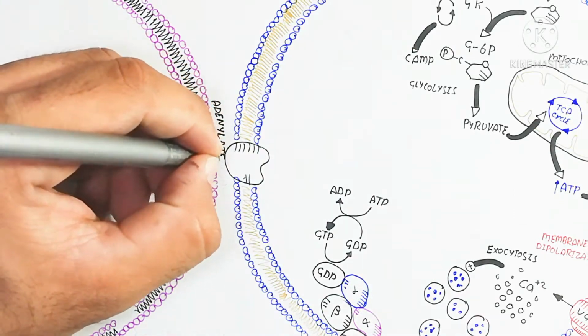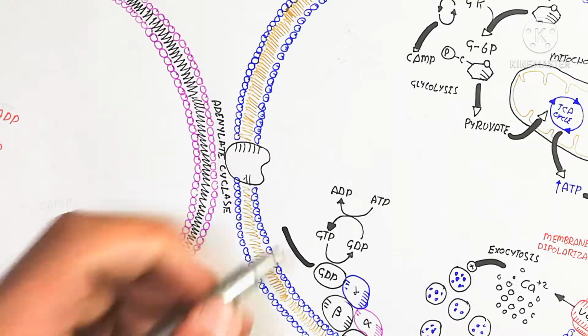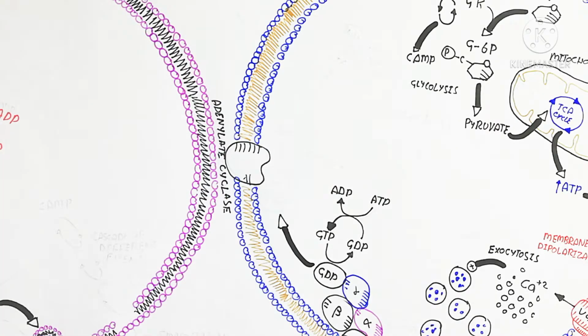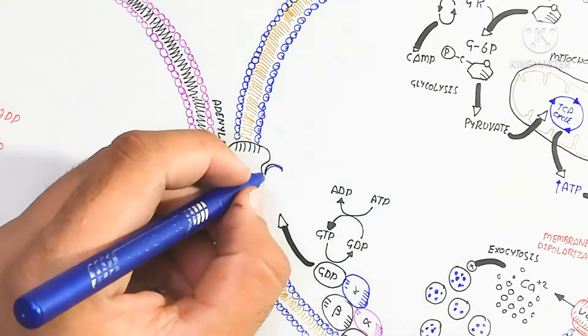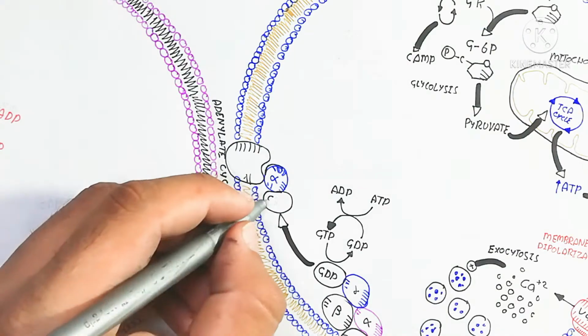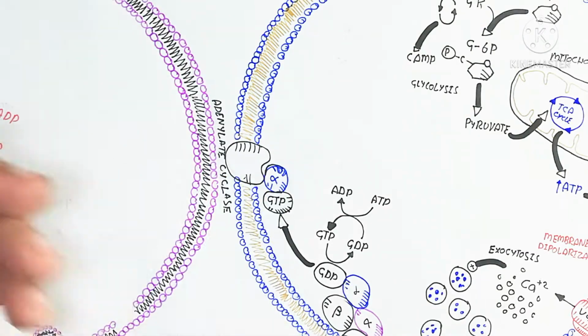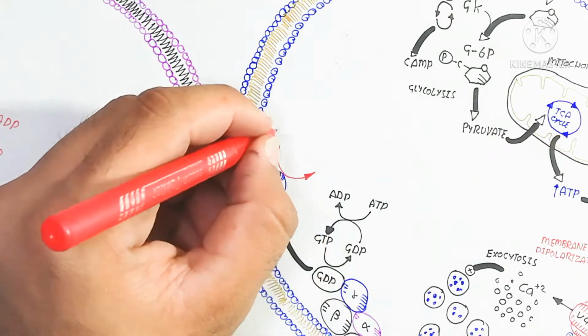This cyclic AMP goes into the nucleus to produce messenger RNA. The production of messenger RNA is known as transcription, where DNA produces RNA inside the nucleus.